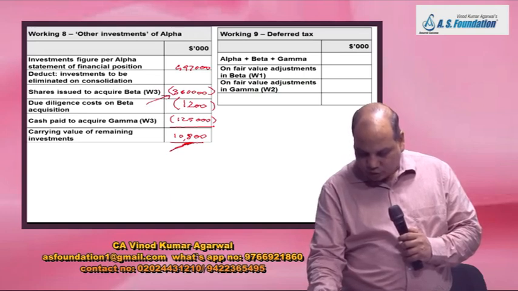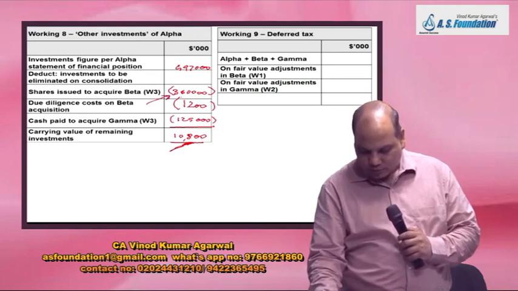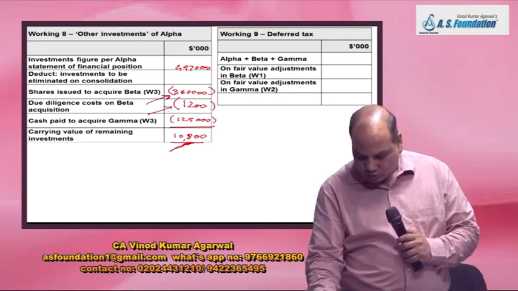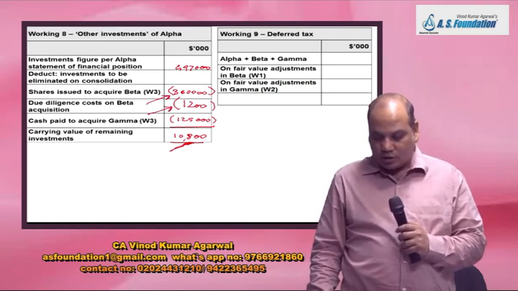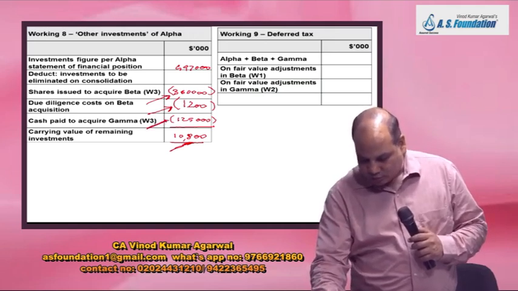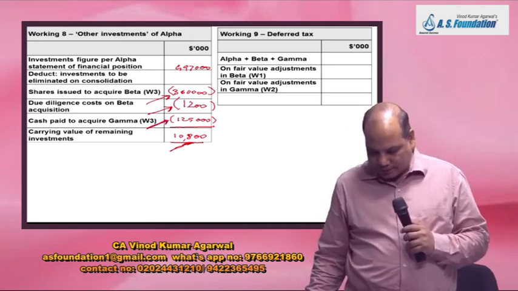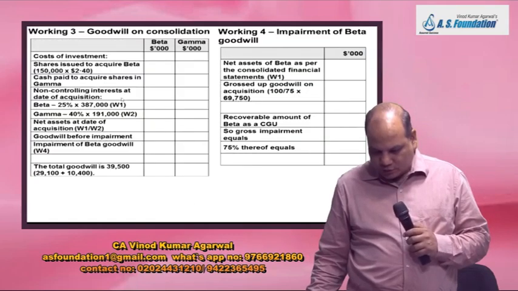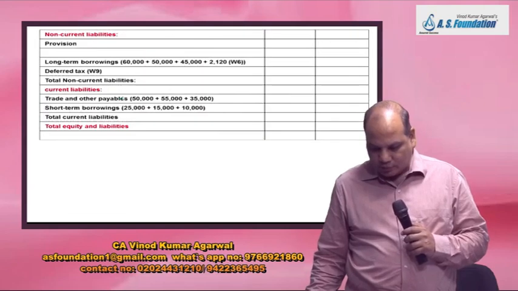This you write in cost of acquisition in goodwill working, and this you transfer to retained earning, write off in retained earning. This also you write in cost of acquisition. So at 4 places we'll have to write these numbers. So let us start with balance sheet.